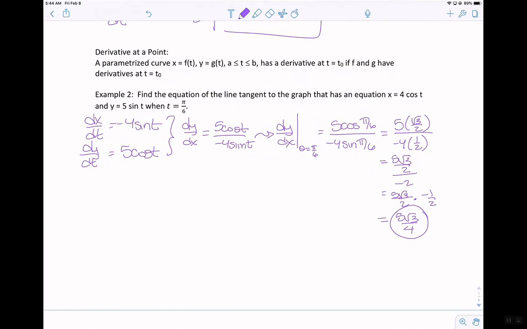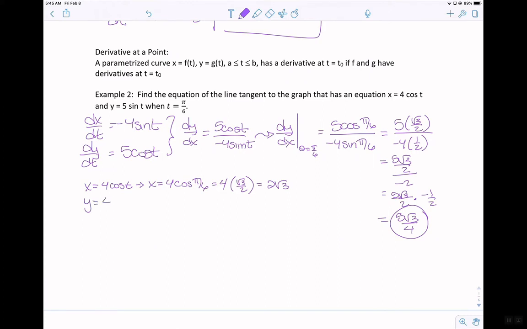Now I need to figure out my x and my y coordinates. So I know that x is equal to 4 cosine of t. So x is equal to 4 cosine of pi over 6, and the cosine of pi over 6 is root 3 over 2. So this is 4 times root 3 over 2, and then I get 2 root 3.